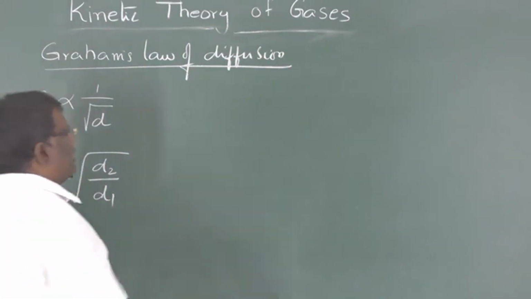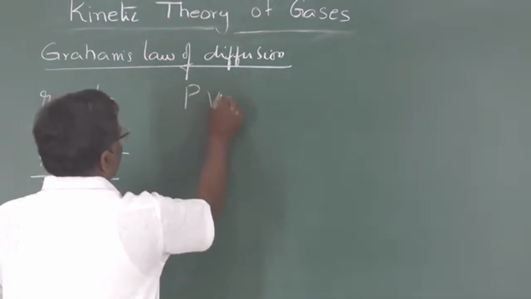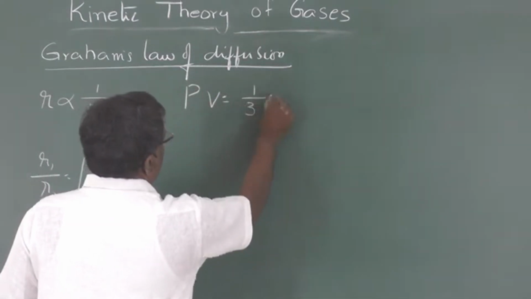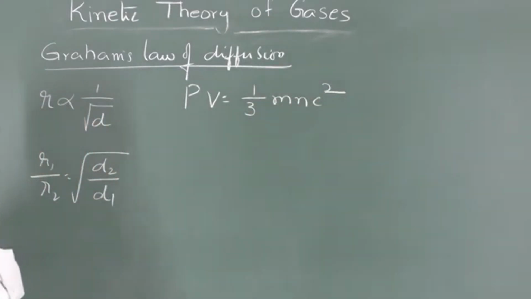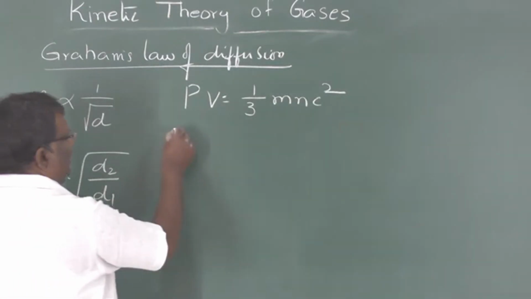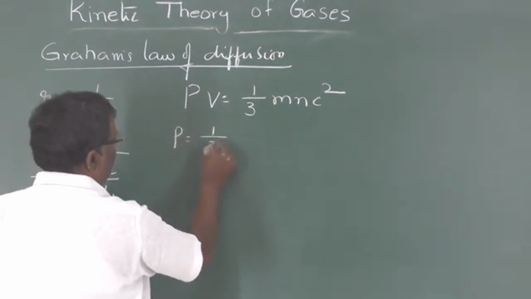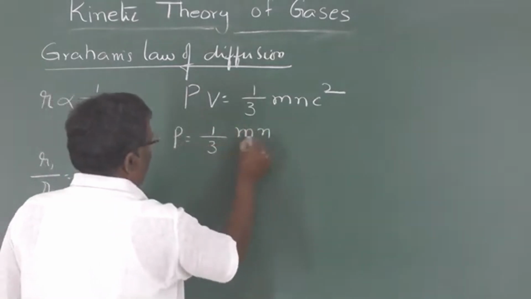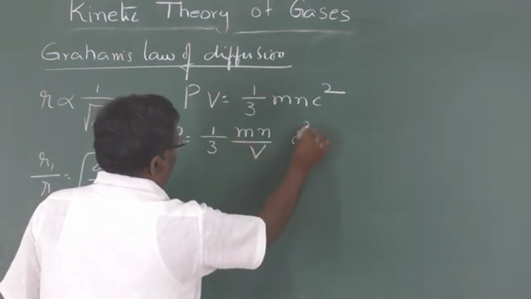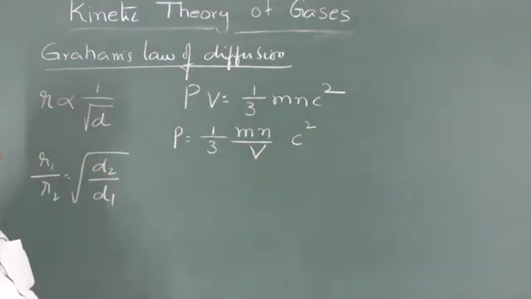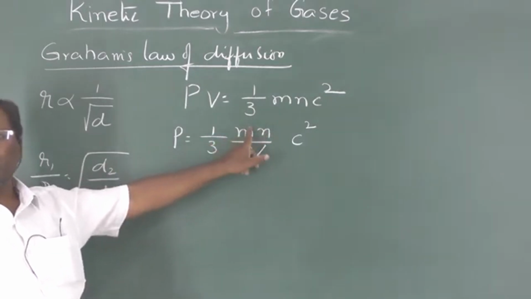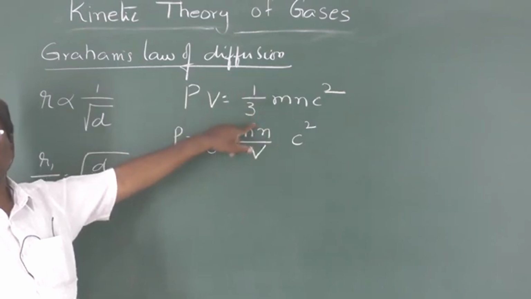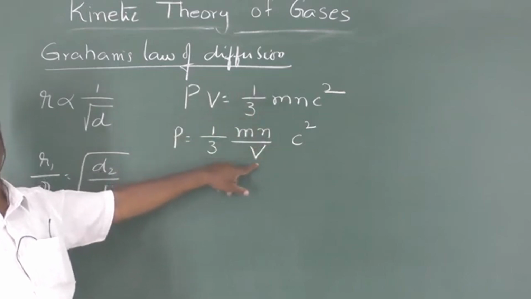According to the kinetic gas equation, PV is equal to 1/3 mn c square. Or we can write it as P is equal to 1/3 mn by V into c square. m is the mass of the gas and n is the number of molecules, so m into n is the total mass of the gas, and V is the volume occupied by the gas.